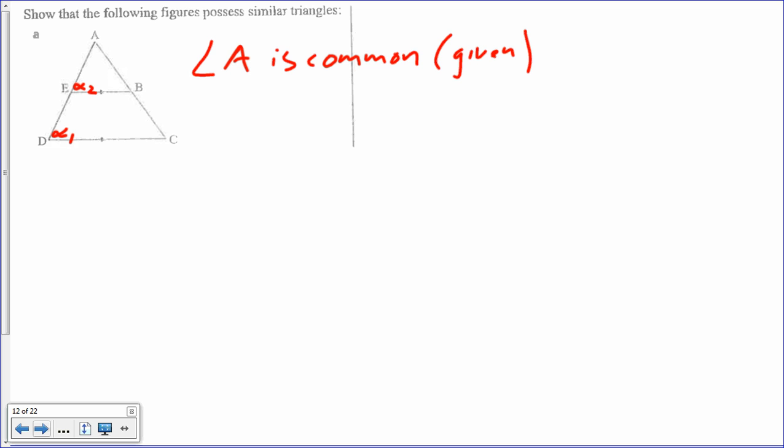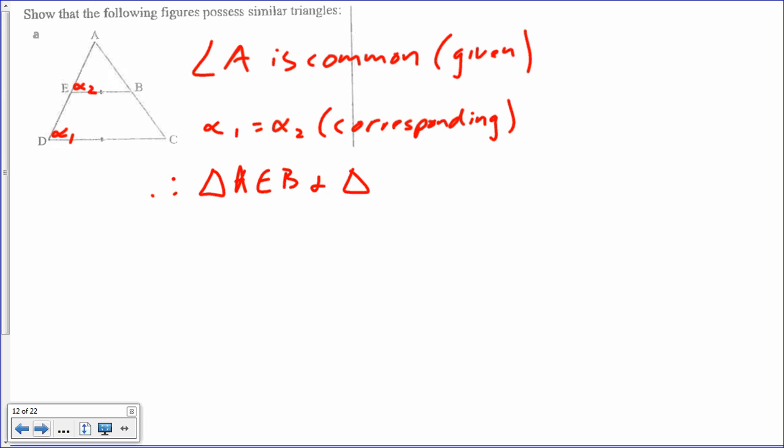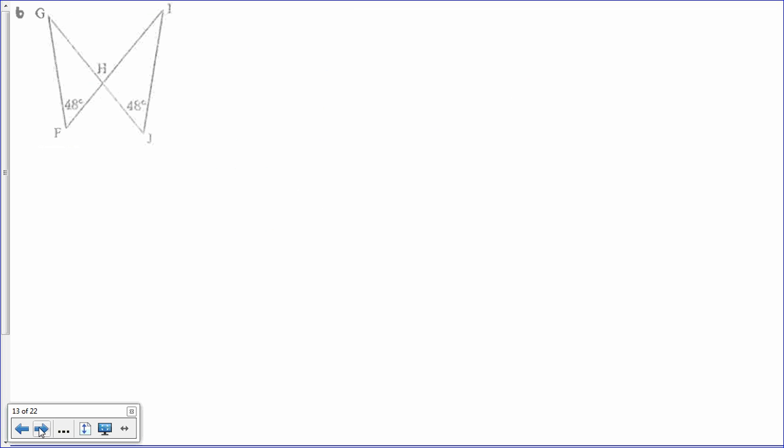We've got parallel lines, so alpha 1 equals alpha 2 corresponding. Therefore, triangle AEB and triangle ABC are similar. Don't forget, the order you label the triangles in is important.